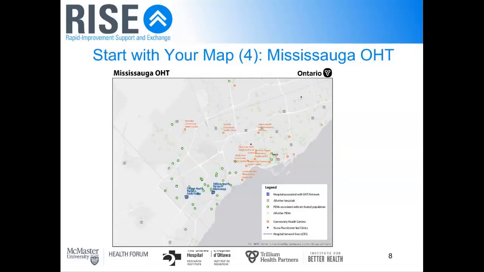Then you'll also see a variety of the community health centers. And what's interesting is there actually are no community health centers except for 2 very small ones in the Mississauga boundaries. Those other community health centers are in Toronto and Brampton and in the neighboring communities that surround it. And then finally, you'll see a lot of other smaller physician groups, all other PEMs.